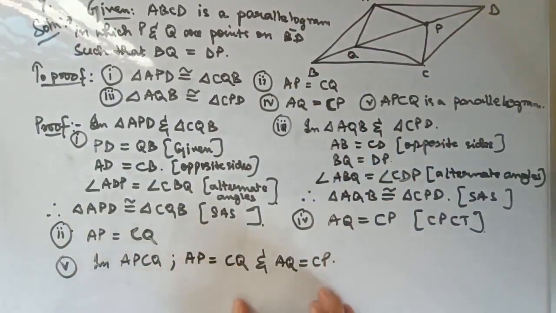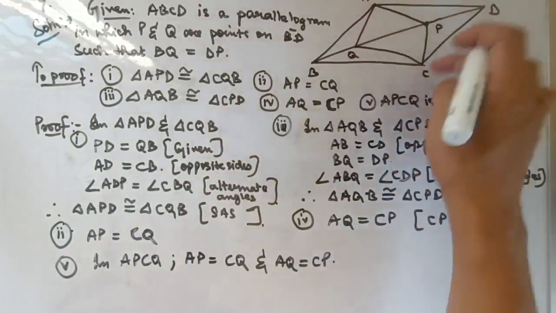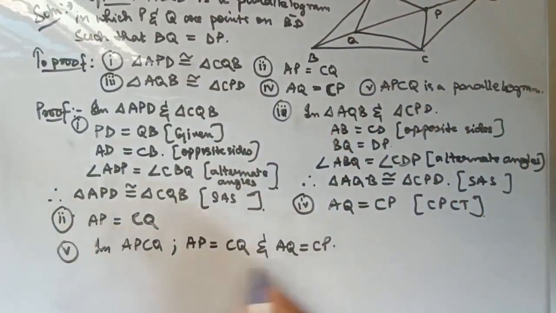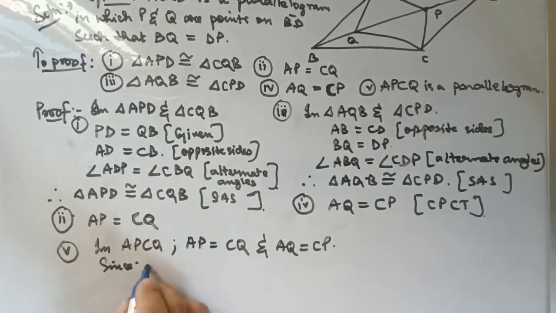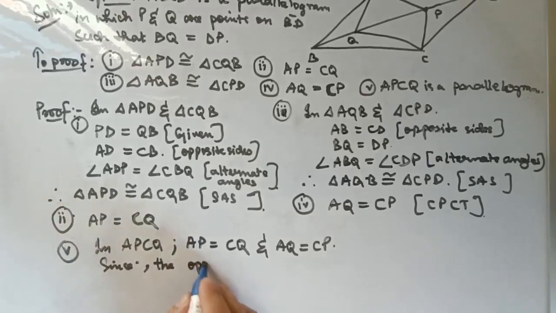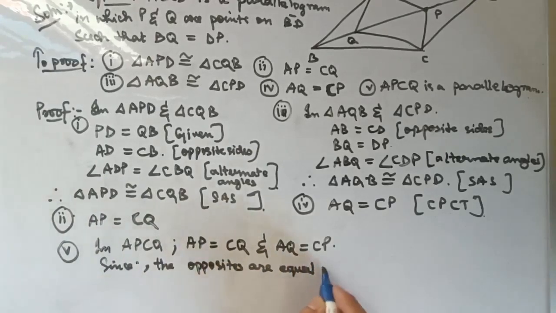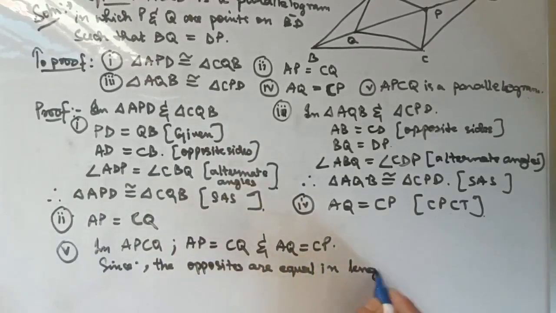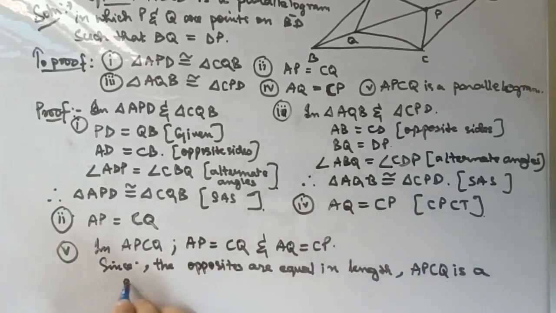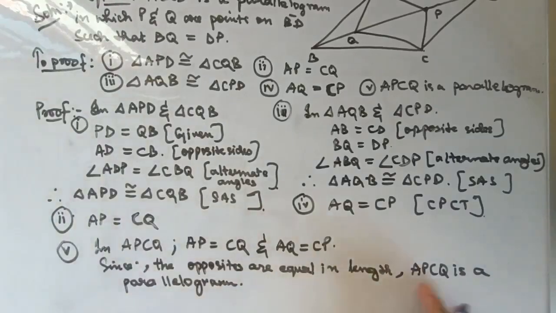So since the opposite sides are equal in length, the quadrilateral APCQ is a parallelogram. The opposite pairs of sides are equal in length. So the given quadrilateral APCQ is a parallelogram.